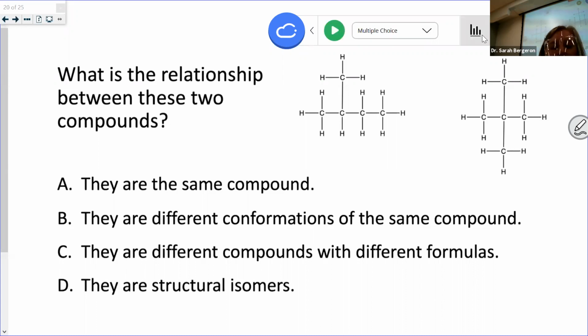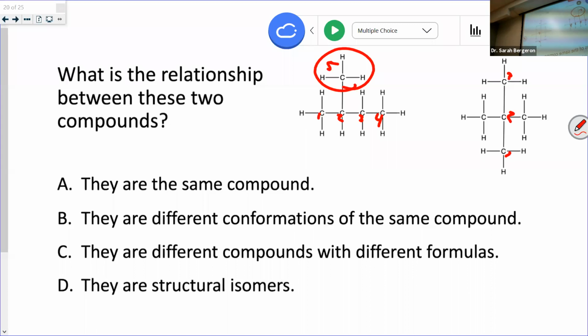Okay, so when we look at these two, what could you tell me about them? Do they have the same number of carbons? Yes. 1, 2, 3, 4, and then we have the fifth as a substituent. Now, does it matter which way I go on this one? Doesn't matter.